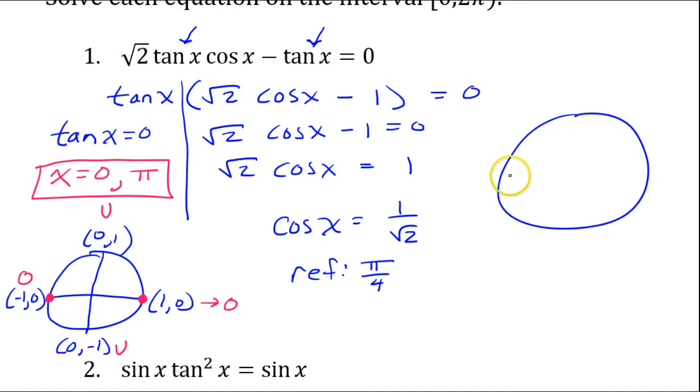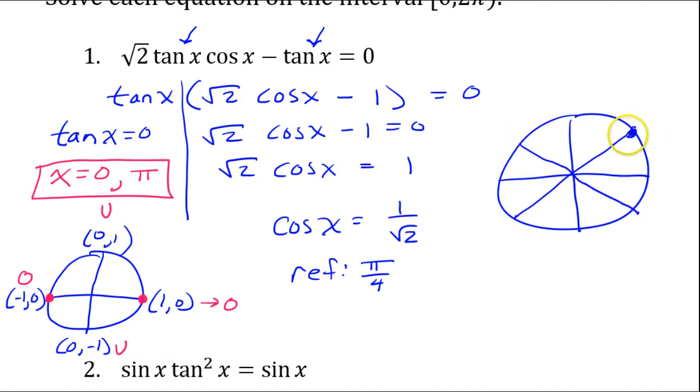Now looking at a quick diagram of that particular reference angle, these are pi over 4s. And these are the four angles that have a reference angle of pi over 4.